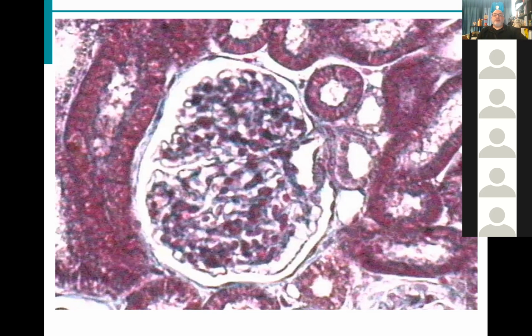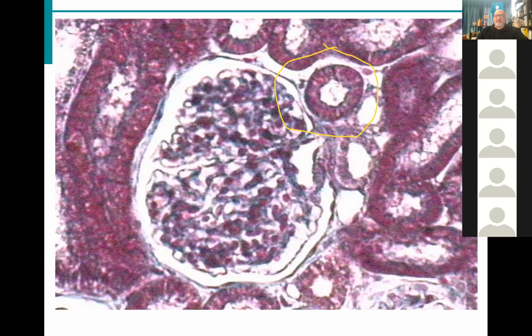Now, notice here in the kidney, this renal corpuscle isn't the only thing we see. We also see this thing right here. Notice this thing right here is basically a flat layer of cells that have been rolled up into a tube. Oh, great question. How do you know it's a kidney?